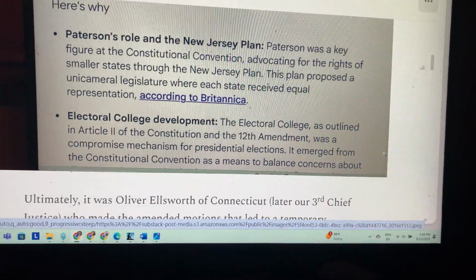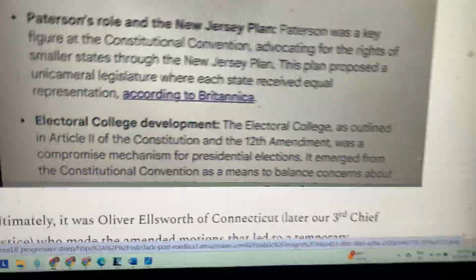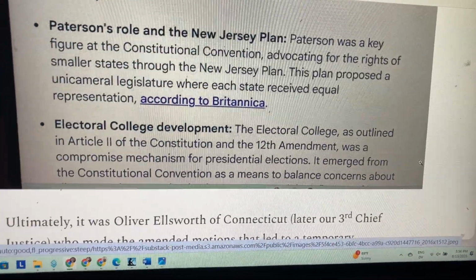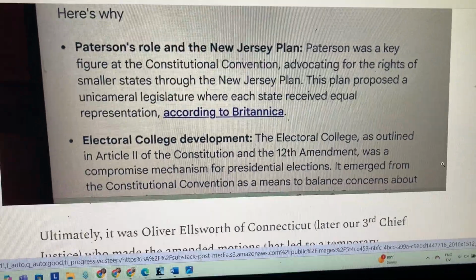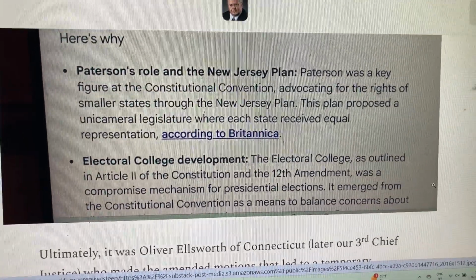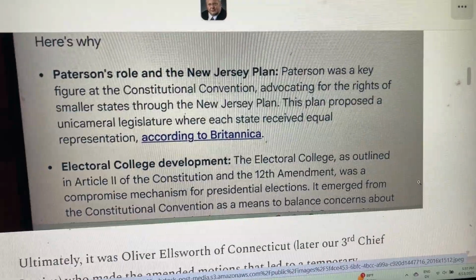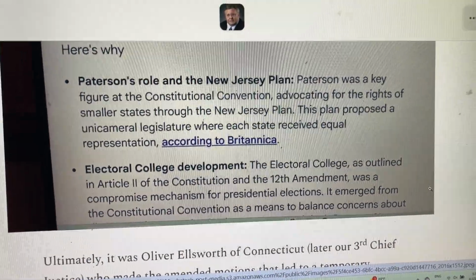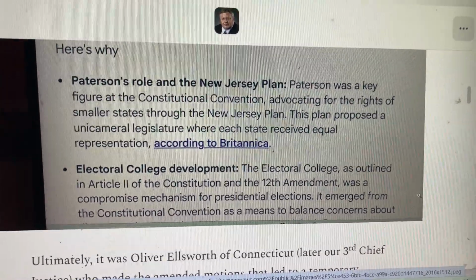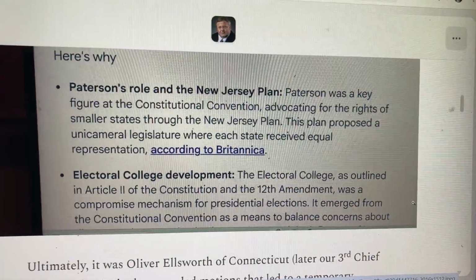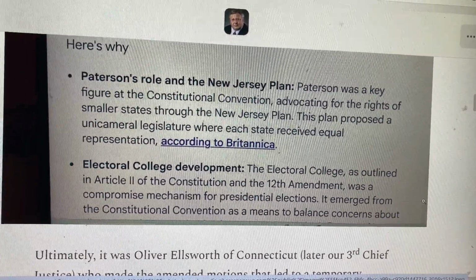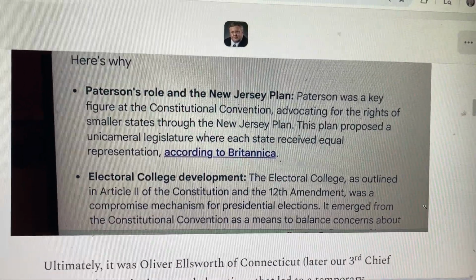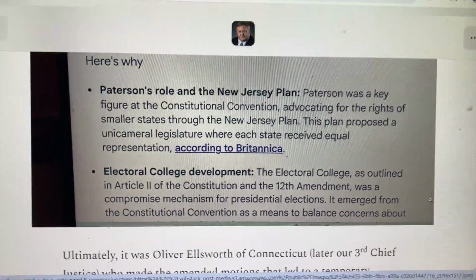Then it talks about years afterwards. The Electoral College was outlined in Article 2 of the Constitution and the 12th Amendment. Well, the 12th Amendment doesn't come along until 1804. I'm asking it questions specifically about July 19, 1787. It just ignores me. And it's not just Google AI.